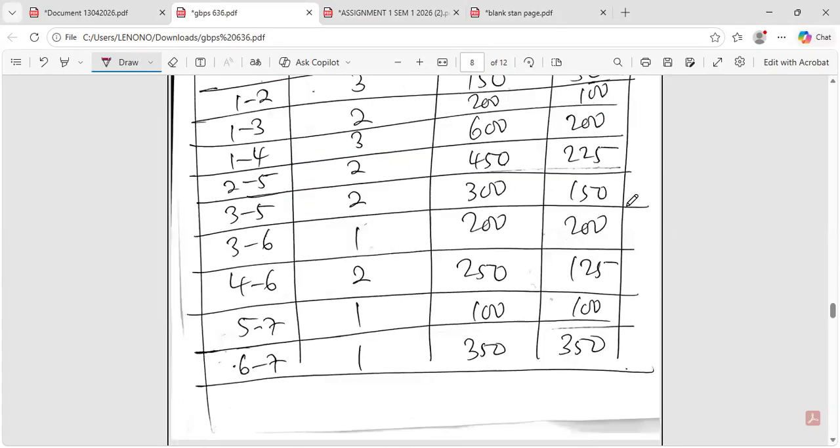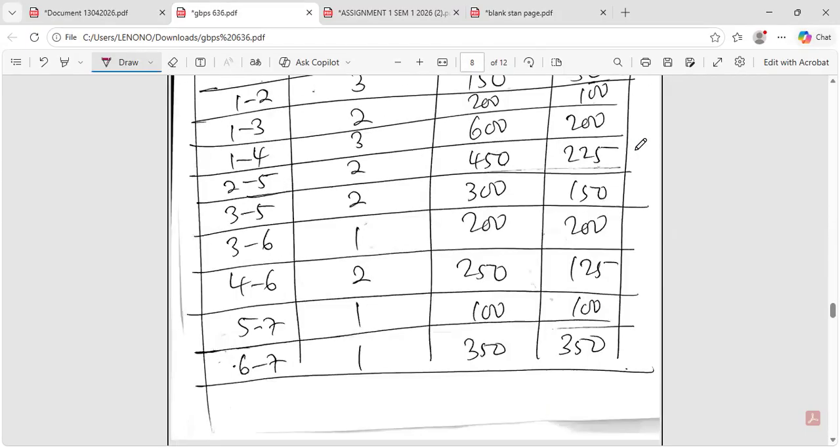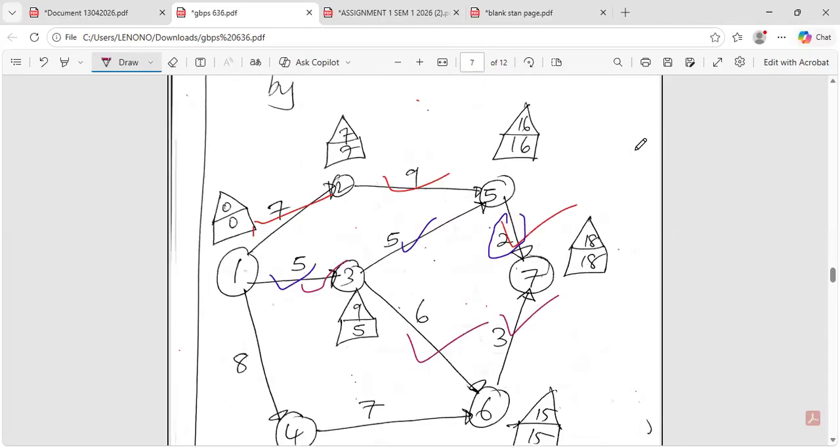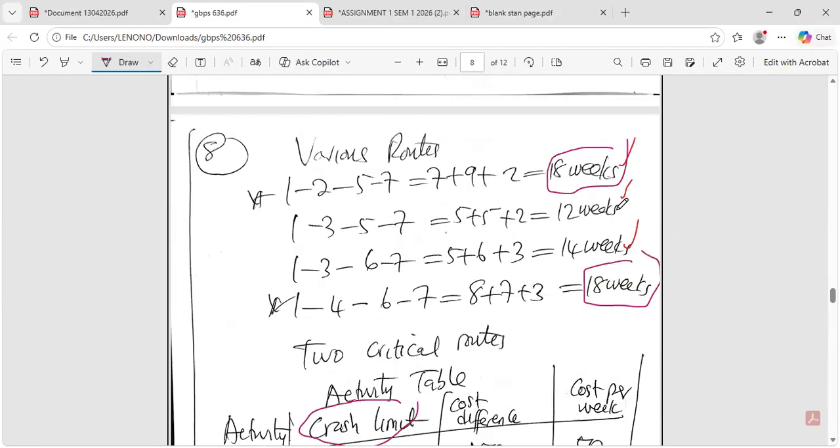Okay, so this is our supposed to crash activity 1 to 2 and 4 to 6 by 2 weeks. So the two critical routes are which ones? You identify them here: 1 to 2, 2 to 5, and 5 to 7.